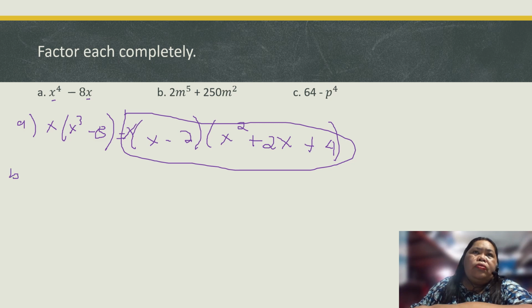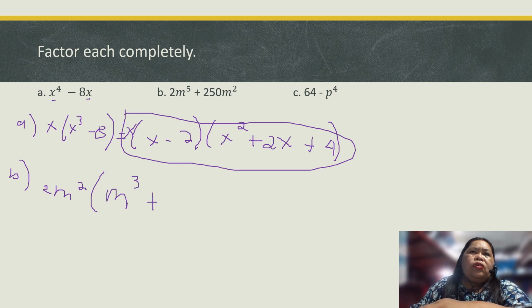For letter B, what is the common factor between 2m to the fifth plus 250m squared? Of course, we got 2m squared. Then 2m to the fifth divided by 2m squared is m cubed, plus 250 divided by 2 is 125. So 125, and this is m cubed.